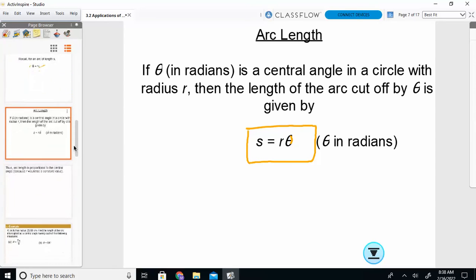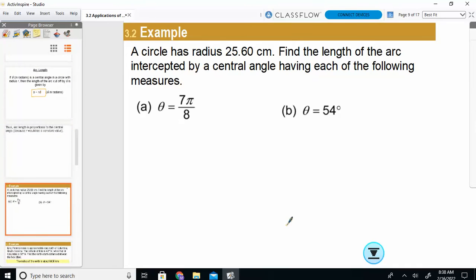So I would like to look at this example. A circle has a radius of 25.60 centimeters. Find the length of the arc intercepted by the central angle having each of the following measures.